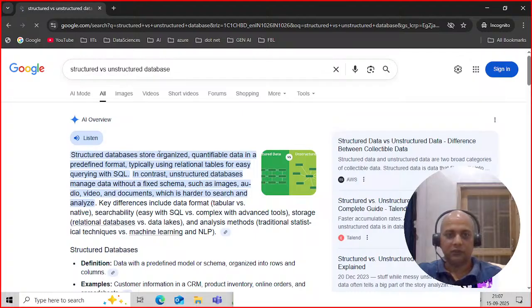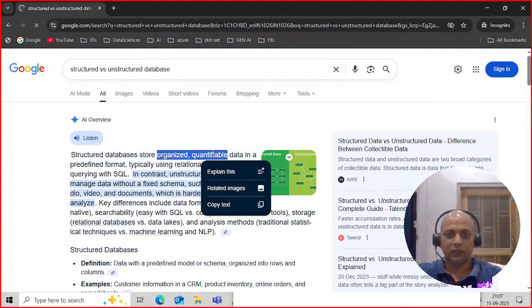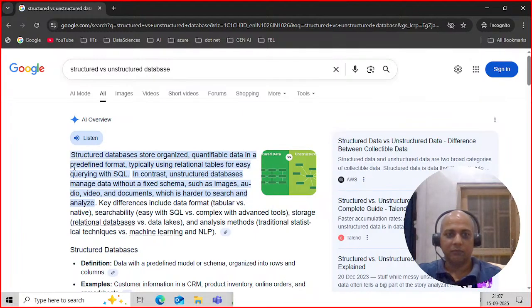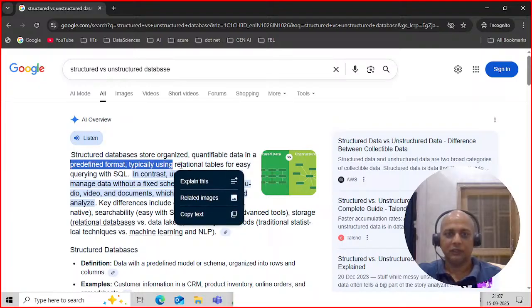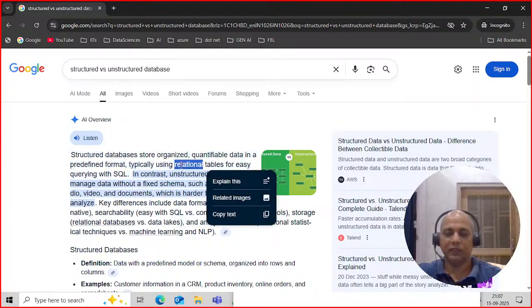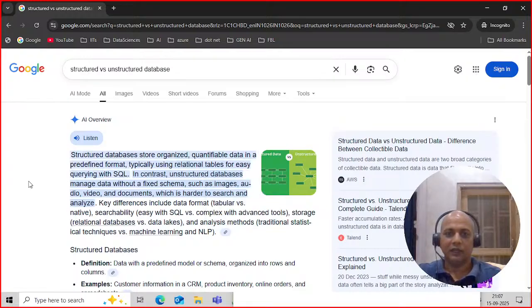Structured database stores organized quantifiable data in a predefined format using relational tables like we are using in MS SQL or MySQL. So we have rows and columns and their data type is fixed, their data range is fixed. But in the unstructured database, what happens?